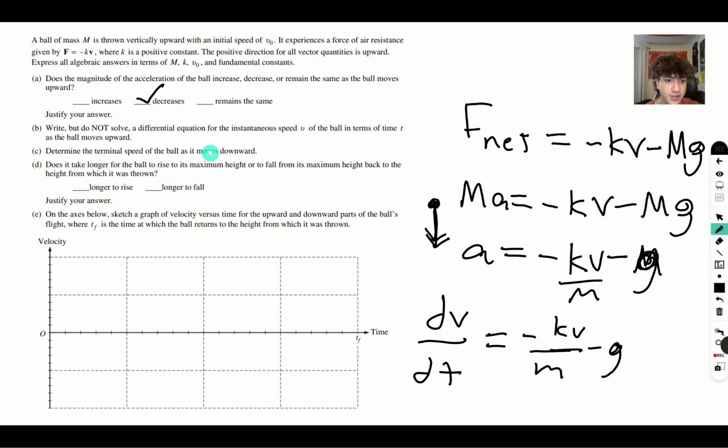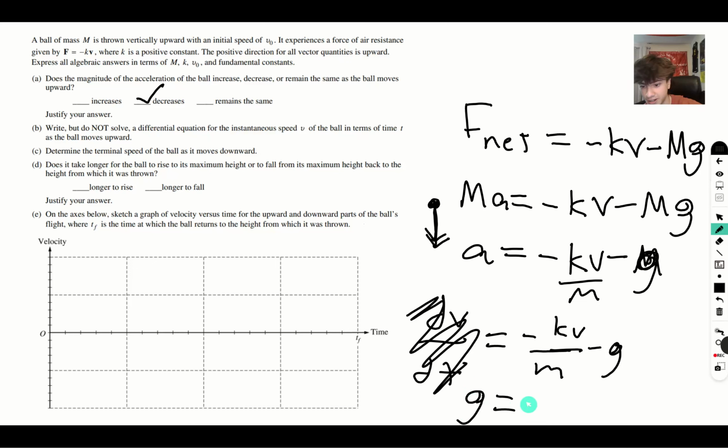C says determine the terminal speed of the ball as it moves downwards. In order to do this, we know that the terminal speed is when the acceleration reaches 0. So we can say that our acceleration is going to be 0. And therefore we can move this g over.